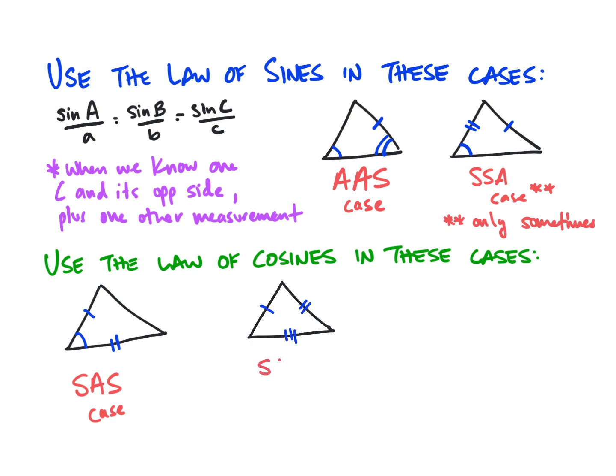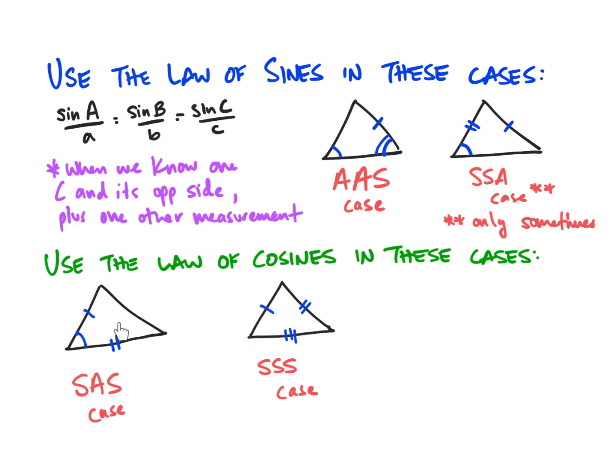So we call this the side, side, side case. In the side, side, side case, we can use the law of cosines to find one of the angles that we might be missing. Okay? We might be able to find this one, or we could find that one, or we could find that one, just depending on how we arrange the law of cosines. And then we'd be able to find an angle.